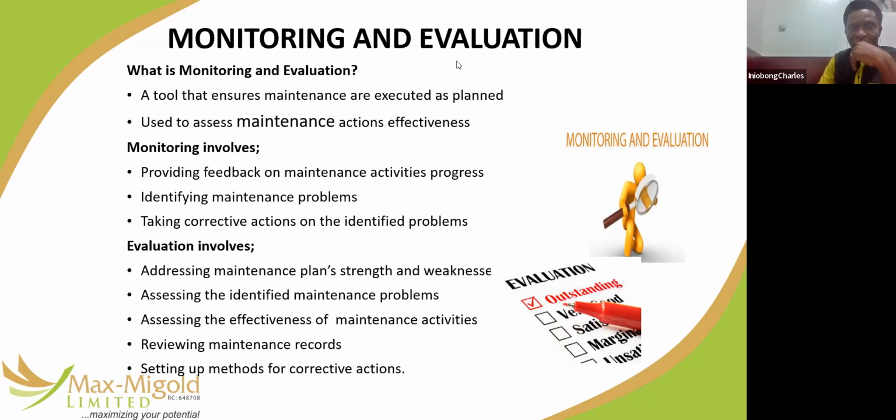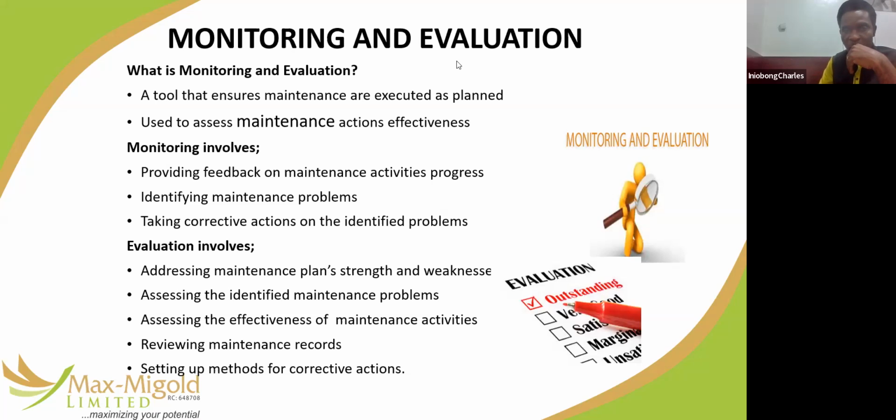Monitoring involves providing feedback on the progress of maintenance activities. You want to see feedback from what you are doing. You want to generate data from what you are doing. Oh, we did this maintenance activity. What is the performance of the engine? What is the reading on our panel? You begin to pull out that kind of data so that you'll be able to make decisions in future.